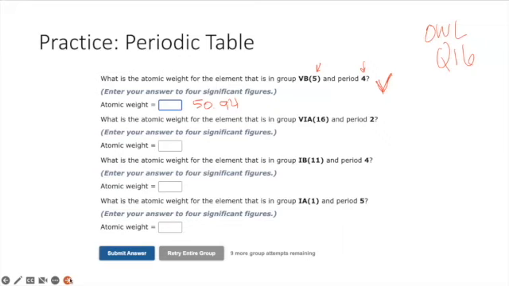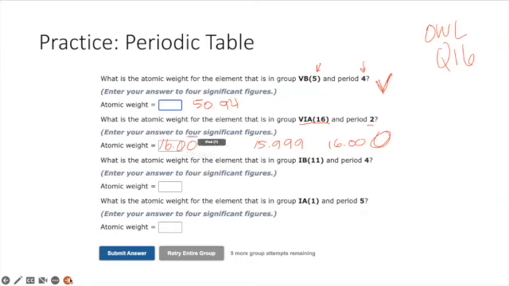If we were to look at group 16 and period 2, that's oxygen, which has an atomic weight of, and remember, different periodic tables say different things. This specific question, if you do have oxygen, they want you to put 16.00, which is 4 significant figures, right?